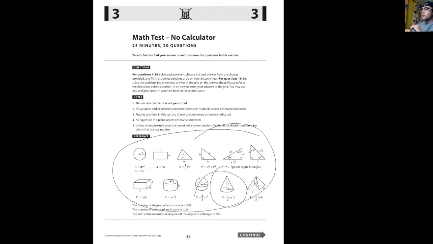I think the harder the test is, the more generous the curve is going to be. This test alone was really hard. If you miss, I think 2 on the math section, you can still get a perfect score. That's how hard they made this. So just be prepared for some hard questions here.